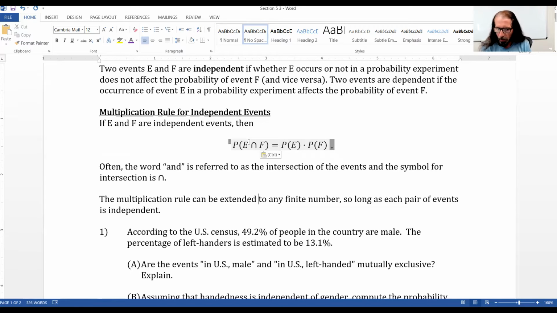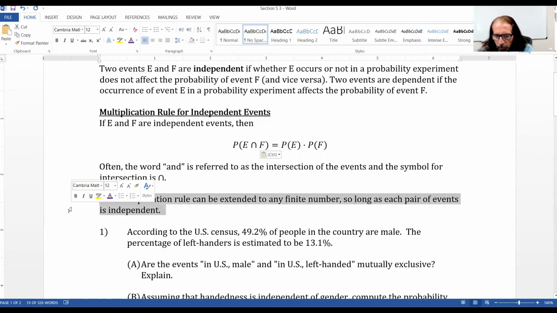All right. And one further fact before we get to the examples, the multiplication rule that we just stated is stated for two events, but you could keep this going for however many events that you have. You want E, F, and G to occur.